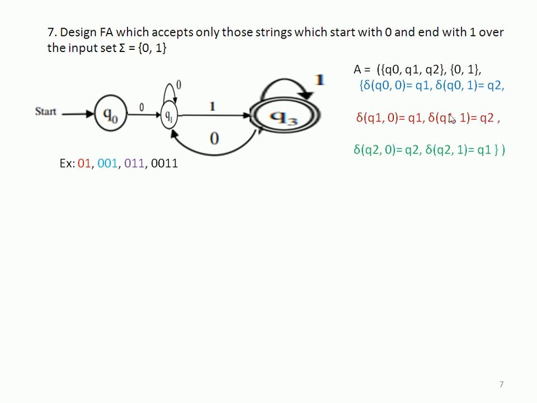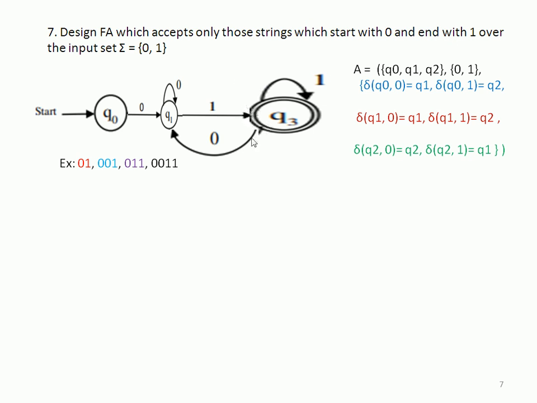So the strings you can accept are 01, 001, 011, or 0 followed by many zeros and many ones, ending in a 1. These strings are enveloped with a 0 at the beginning and a 1 at the end.